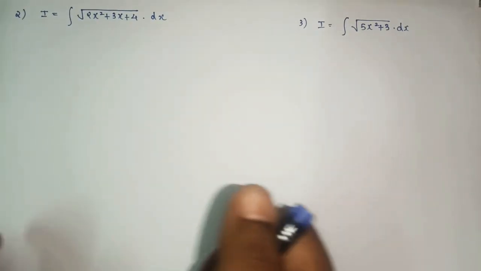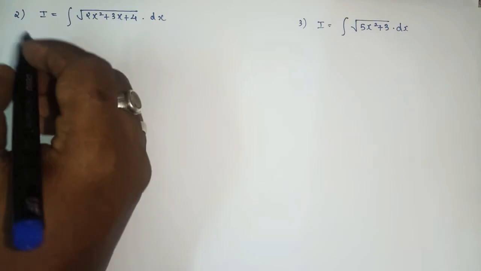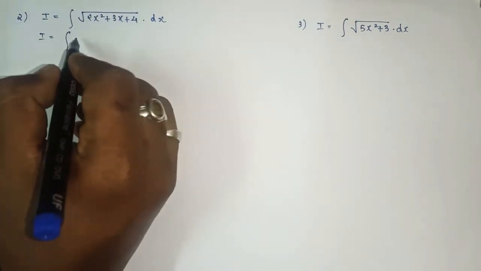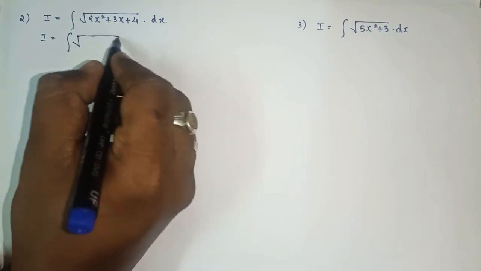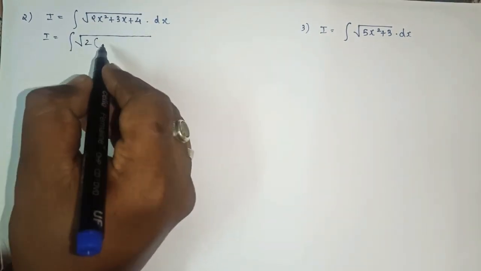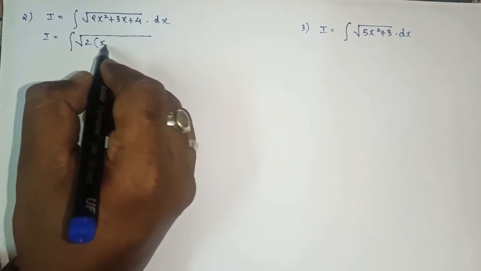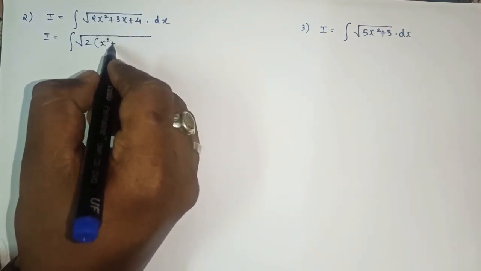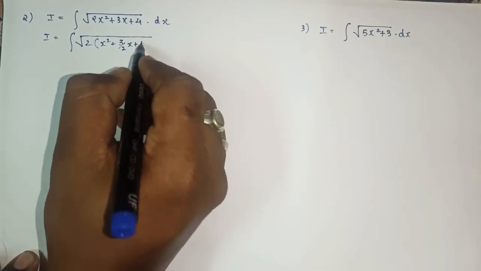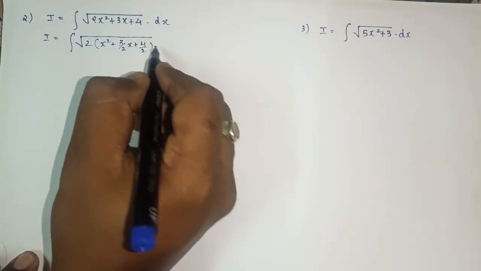So first we have to make the coefficient of the square term 1. Let's see how to make the coefficient of the square term 1. It is very simple, just take this 2 as common. So here you will get what? 2 into x square plus 3 by 2 x plus 4 upon 2, into dx.